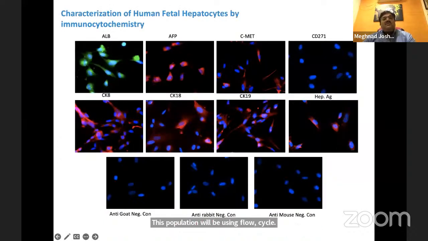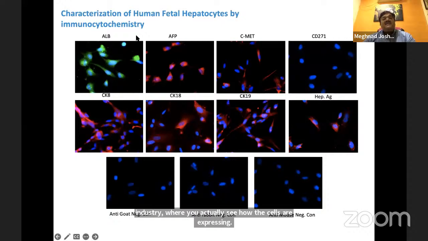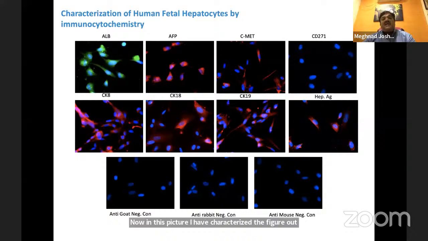You are also able to characterize these cells by immunocytochemistry, where you see how the cells are expressing. In this picture, I have characterized fetal hepatocytes by immunocytochemistry, and I have stained them for different antibodies like albumin, alpha fetoprotein, c-Met receptor, CD271, then cytoskeletal CK8, 18, and 19.